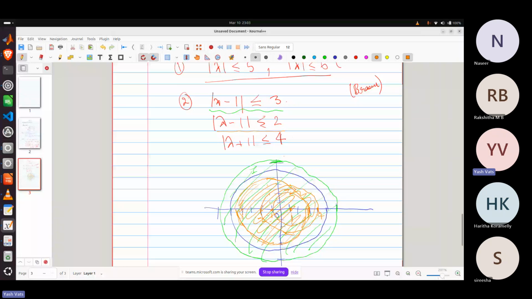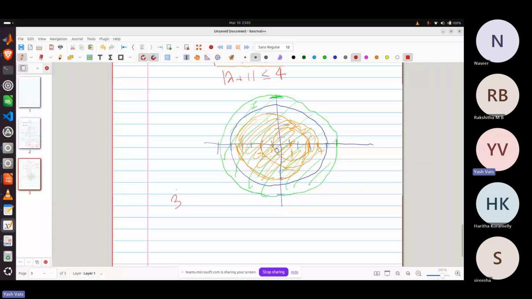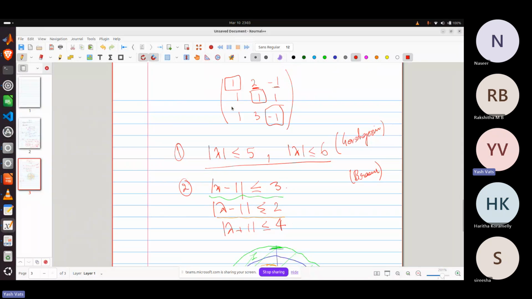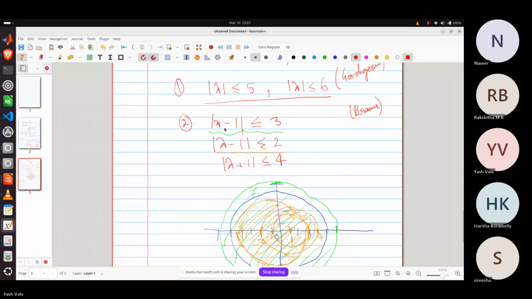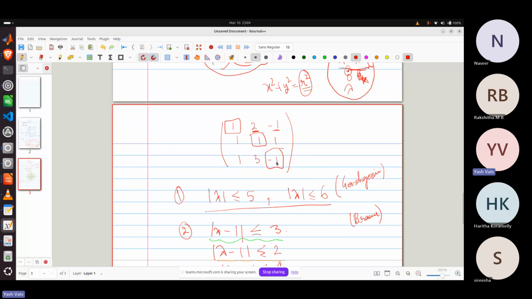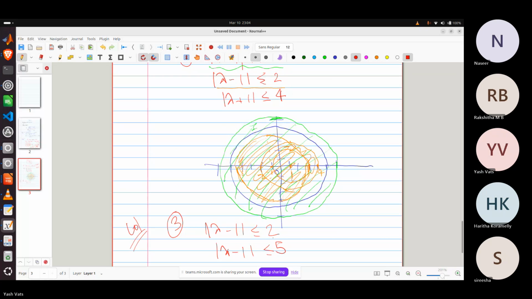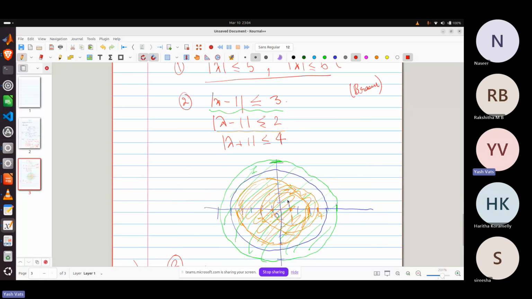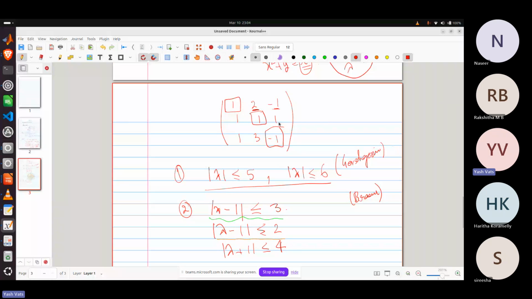And the other thing you are getting is the last region, that again from the columns. So mod lambda minus 1 should be less than equal to column, if you see that. So 2. Mod lambda minus 1 is less than equal to the column sum, which is 5. And again, mod lambda plus 1 is less than equal to 2.